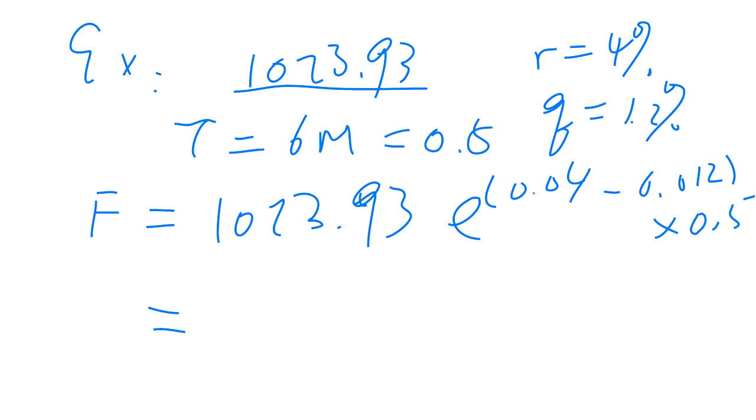And please use this time to calculate it by yourself as well, and let's try to get the same number. Exponential of 0.04 minus 0.012 times 0.5, times 1023.93. So that is going to be equal to 1038.36. Okay, you get that?